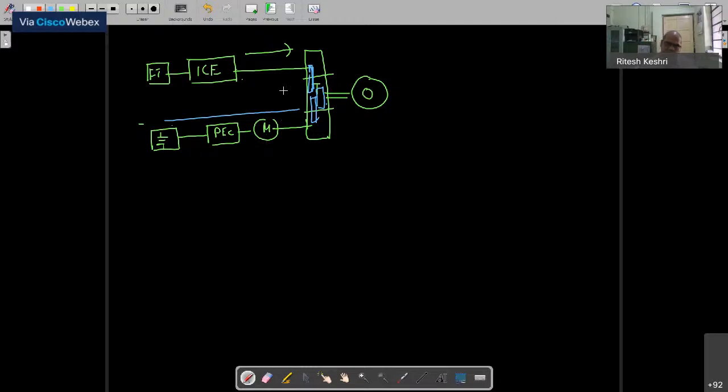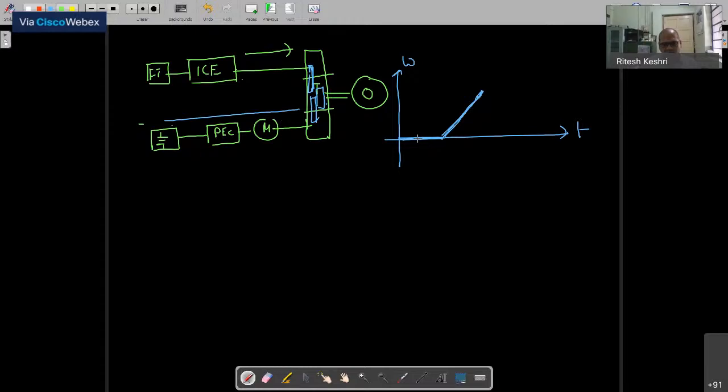Not reducing the consumption of energy. So that is the case when you start it, like in micro hybrid. Then in mild hybrid you accelerate also up to some extent. In the micro you start here, but in mild you accelerate also. This is the speed profile. This is time, and this is speed.